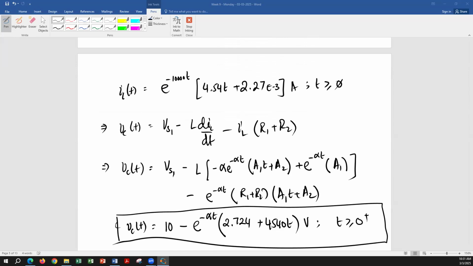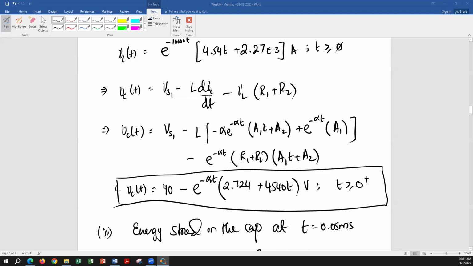Okay, so PR1 is IL squared times R1, and this is 2.75 milliwatt.